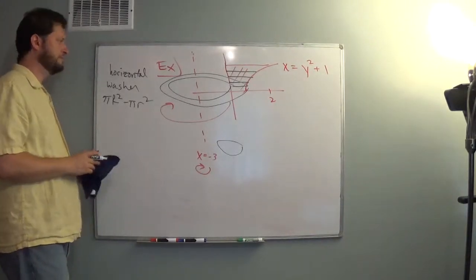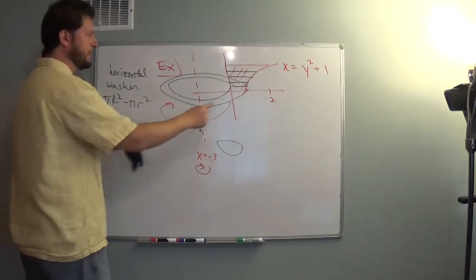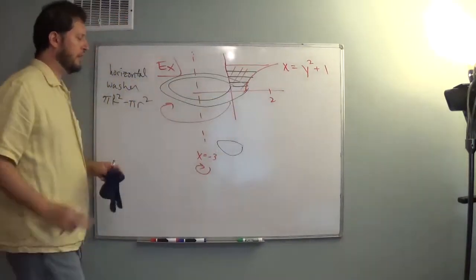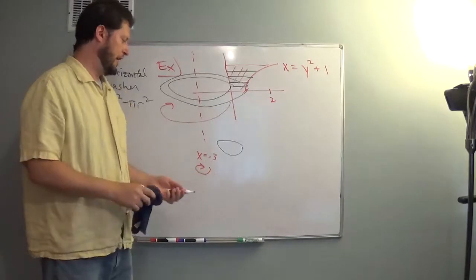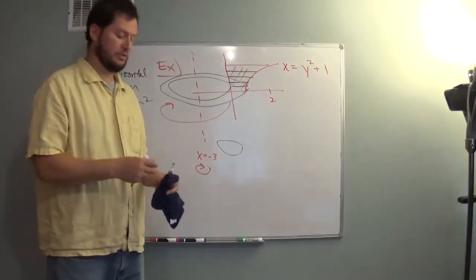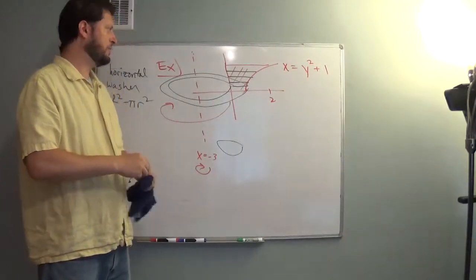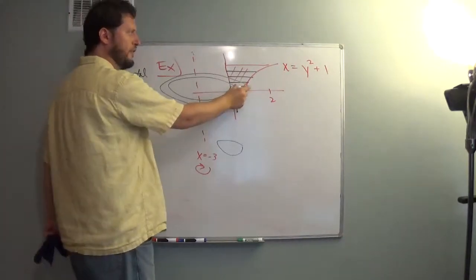So far so good. What is the radius of the big circle? Now we have to be a little careful because we've got this extra x equals -3 that we're rotating around. The radius of the big circle is going to be the height of the function.